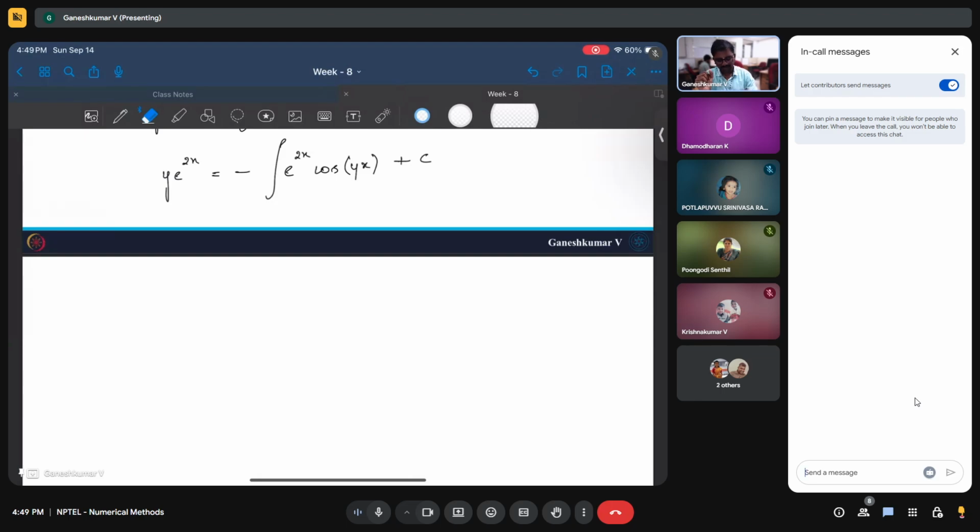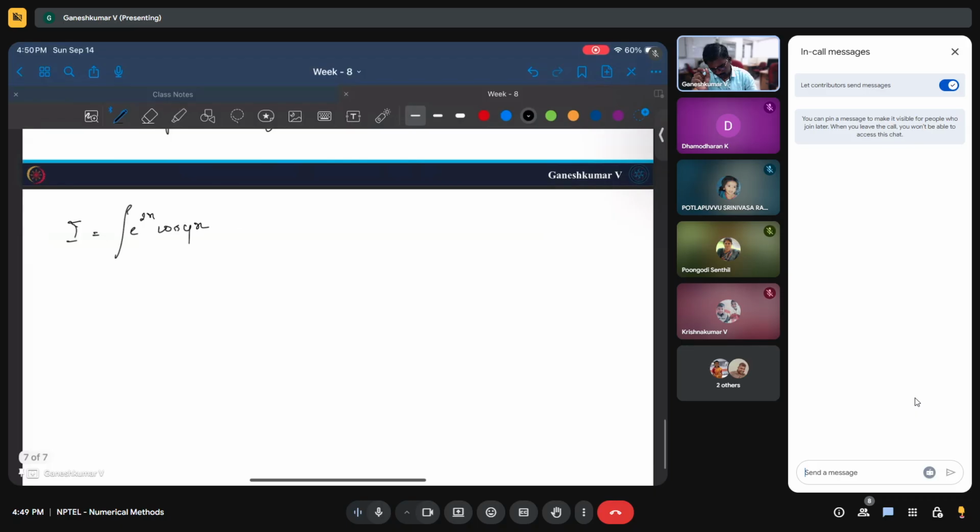So you can use UV method or power rule to solve this. What you will have is e power 2x and cos 4x, both indefinitely differentiable. So you write I equal to integral of e power 2x cos 4x.